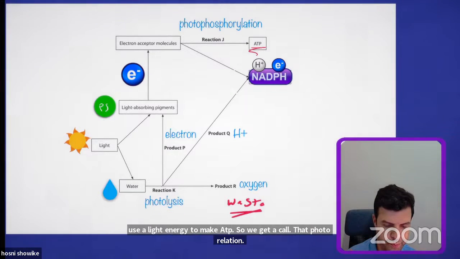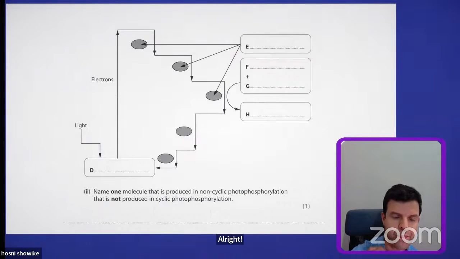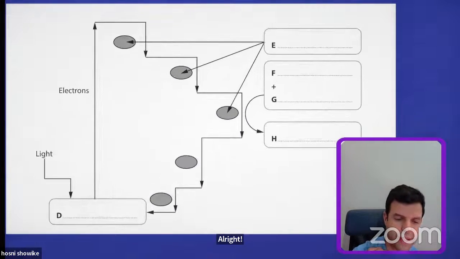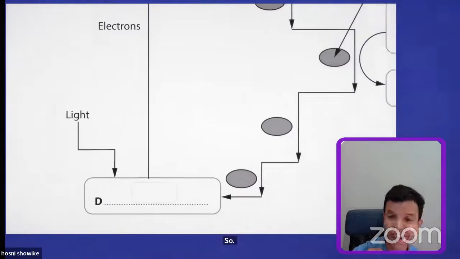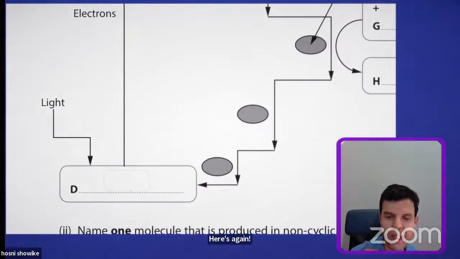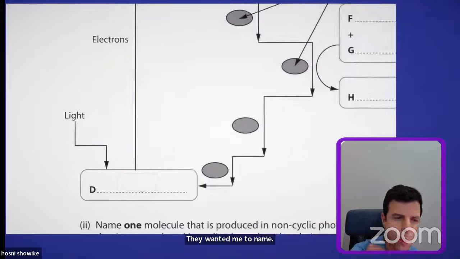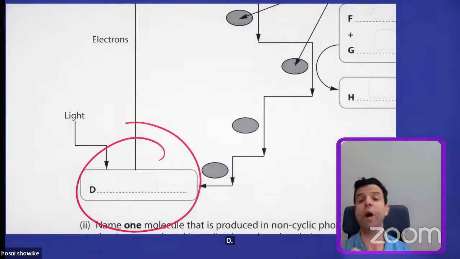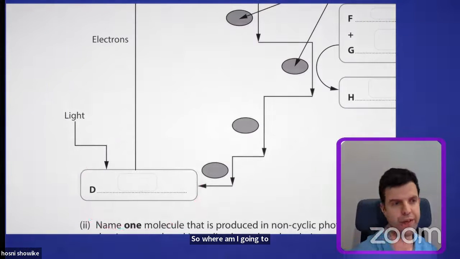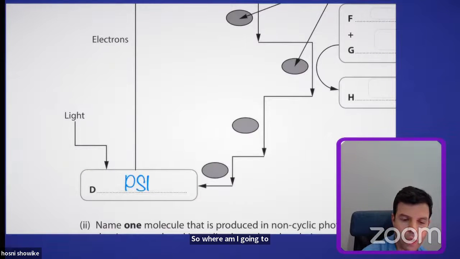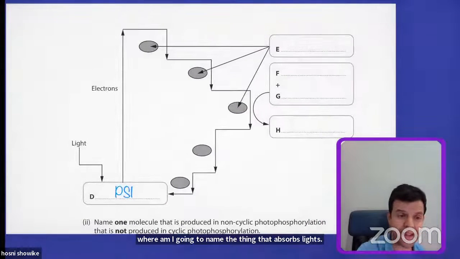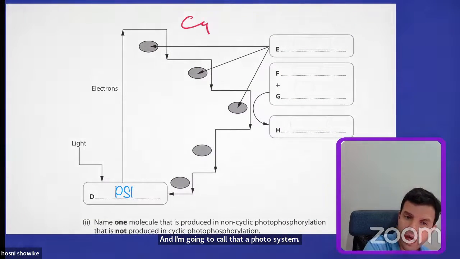One last diagram, and then we stop. So here's again light. They wanted me to name D. So what am I going to name D? The thing that absorbs light. I'm going to call that a photosystem. That's cyclic, by the way. Okay?